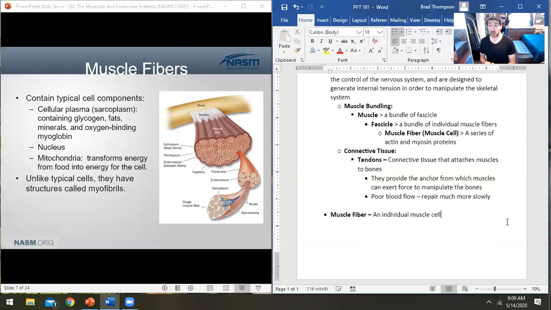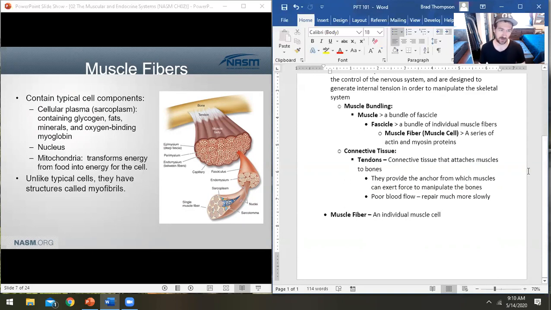So you need a sarcoplasmic reticulum to get the electricity around the entire muscle cell, and you need the calcium to create the shortening. That allows muscle fibers to do their specialized functions. Sorry, not specialized structures, specialized functions.